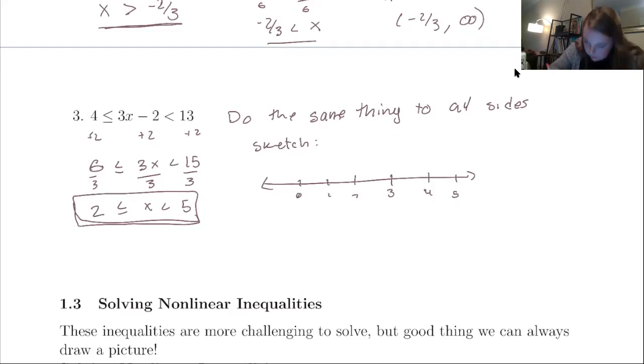So 2 and 5 are going to be the ends of my variable because x is sandwiched in between them. I'm just going to draw 2 big circles and I'll fill them in later. There we go.